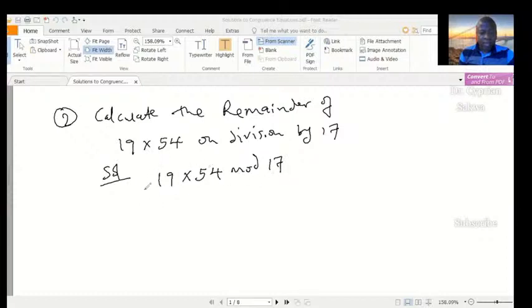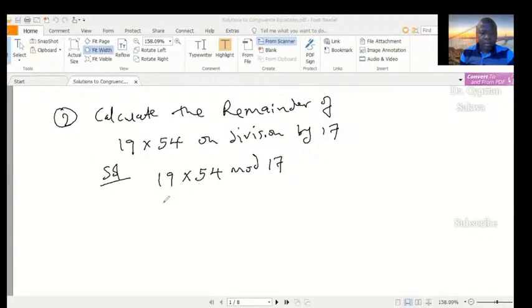If it's a small product like this, you can still just multiply it: 19 times 54, get the result, then divide that result by 17 and see what the remainder would be. But in complicated questions, you may want to simplify.